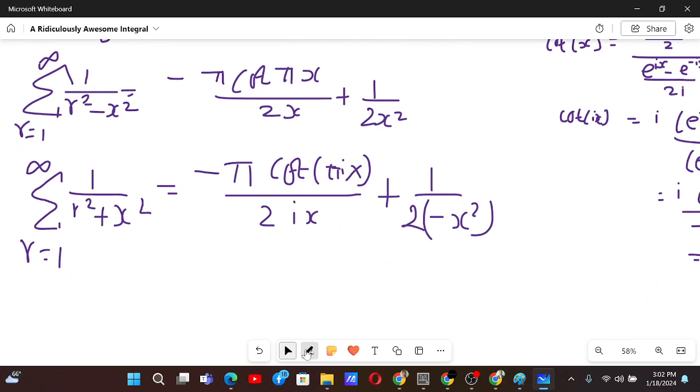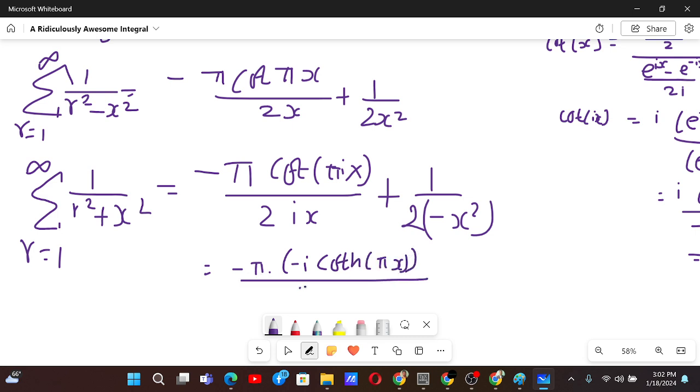Now over here also we will have minus pi times minus i cot pi x by 2ix plus 1 by 2x square.